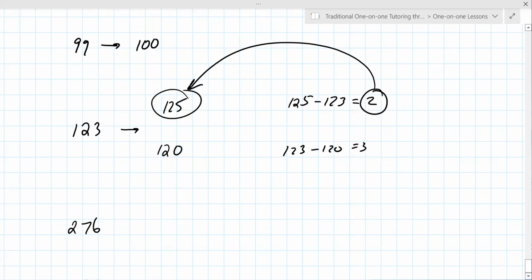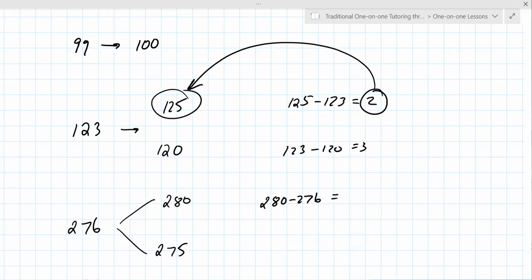Okay. So how about 276? It goes to 280. So it either goes to 280 or 275. 280. So what is 280 minus 276? How far apart are they? Ten.